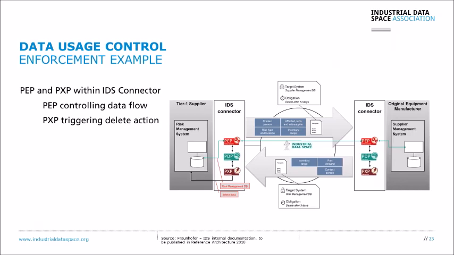Here is an example for data usage controls, with an OEM like a car manufacturer and a supplier. What we see here is that data, especially the inventory range, will be provided via the IDS to the OEM with the obligation to delete those data after 14 days, in the first place because they are too old then.